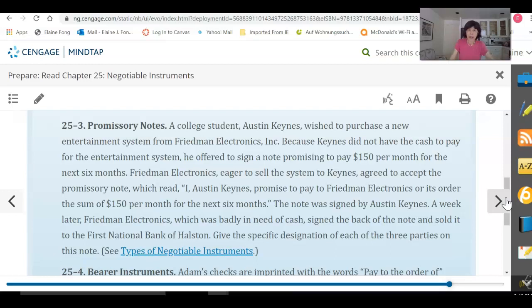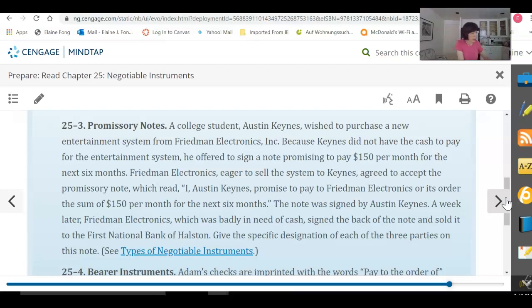Now, Friedman Electronics transfers the instrument over to First National Bank of Halston, and we have not yet learned what we call First National Bank of Halston, but they are a third party to the instrument, an outsider to the instrument. And so at this point, we just refer to First National Bank of Halston as the holder. Just try to get that straight, who the three parties are in this scenario and what we call them.